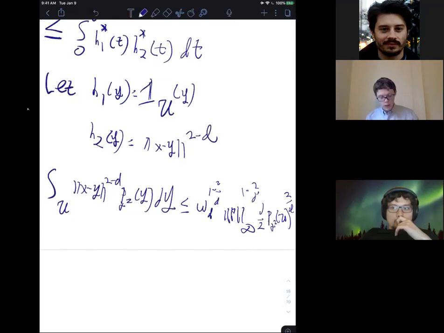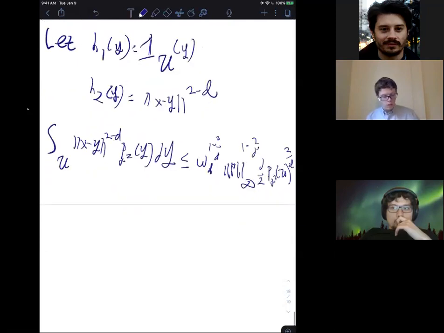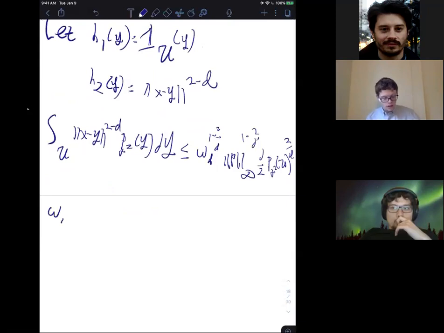But this omega d to the 1 is actually quite important because you may remember that omega d is equal to something like pi to the d over 2 over gamma of d over 2 times some polynomial in d. I can't remember the exact form, something like that.